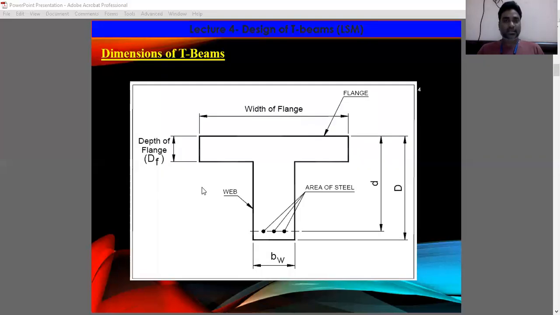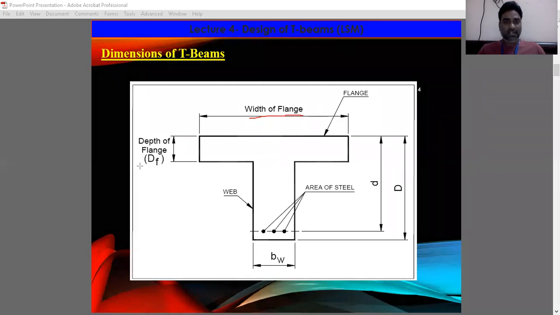These are the dimensions of the T beam. Here bf is the width of the flange, and Df is the depth of the flange or thickness of the slab.